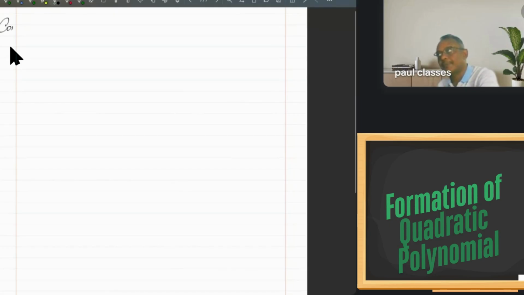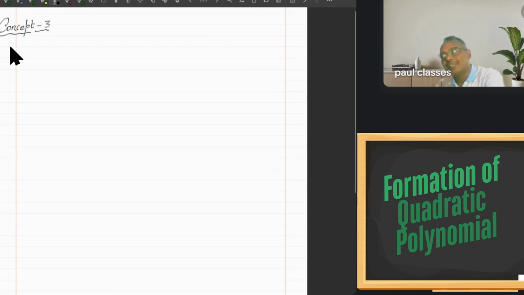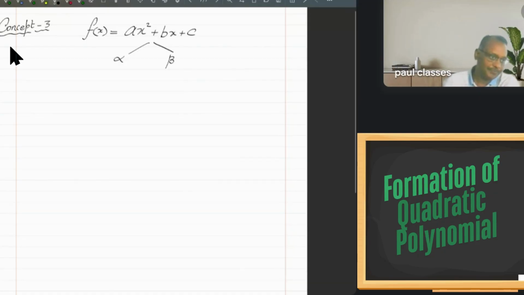Concept 3, the third concept in this exercise, a little bit problematic concept है ना, तो इसलिए बैक स्ट्रेट करके सब जन अच्छे से बैठो, स्माइलिंग फेस. Supposing there is a quadratic polynomial as ax square plus bx plus c. This polynomial has two roots alpha and beta.